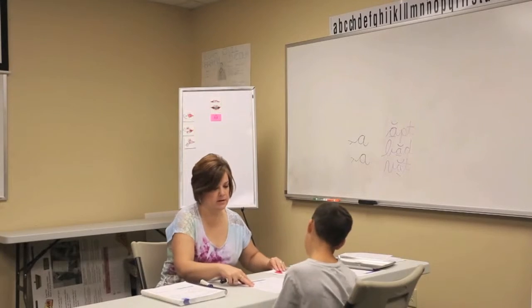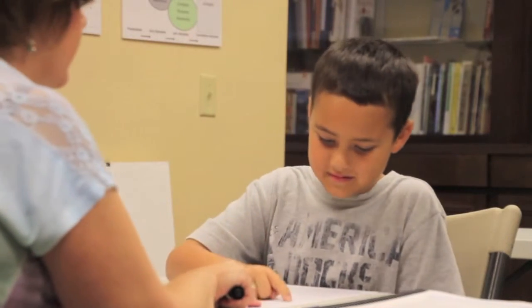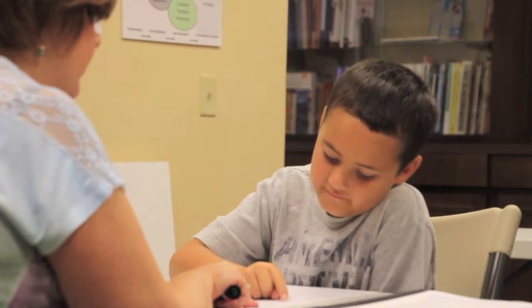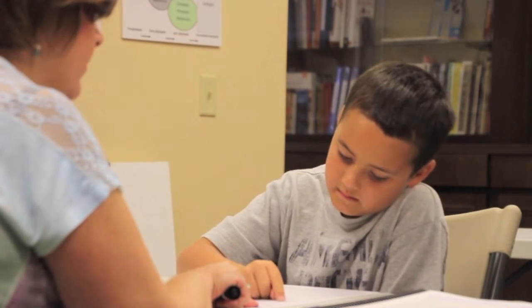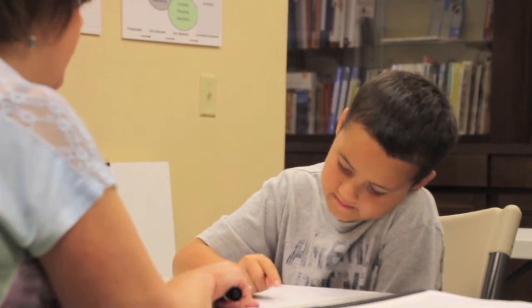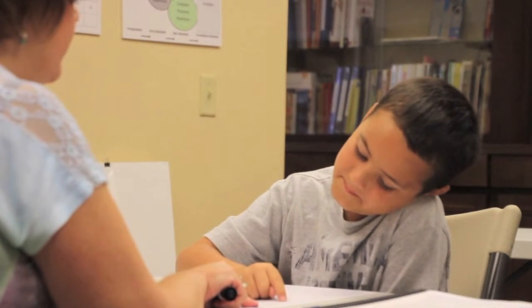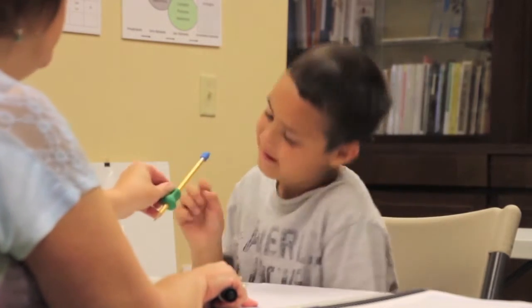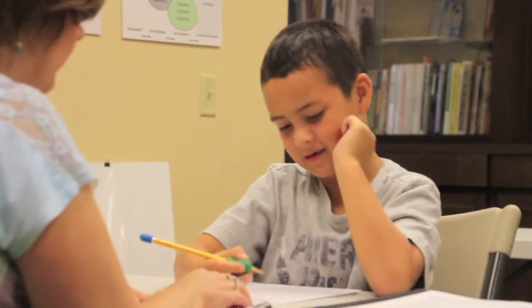We're going to trace over it two times with our finger and then with our pencil. Get ready. Name the letter. A. Again. Name the letter. Two times with your pencil. Name it.